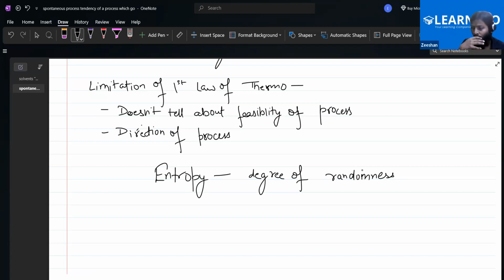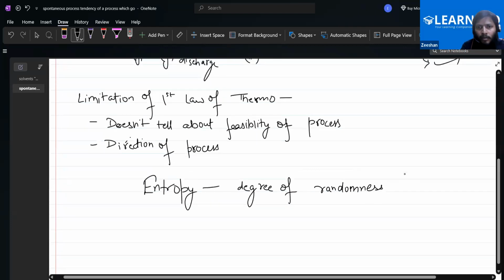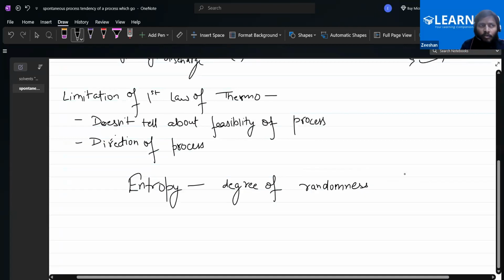Like for example, we have gas in a 10-liter container, and we also have gas in a 100-liter container. Where will the randomness be more? Where will the molecules be more disordered? In the smaller container or the larger container? Larger container. Good.